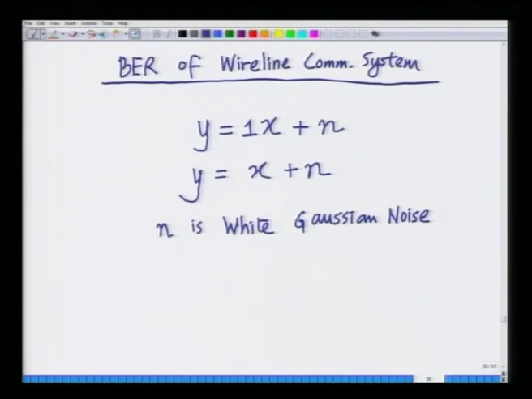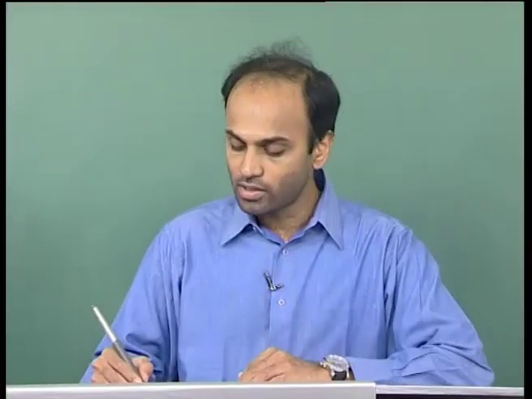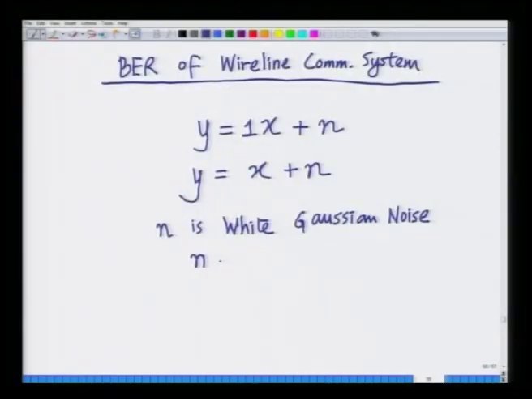I again urge you to revise your knowledge about white Gaussian noise by going back to lectures on communication engineering on NPTEL. n is white Gaussian noise, and more specifically let me characterize n as having a Gaussian distribution of mean 0 and variance sigma n squared, that is sigma n squared is the variance or the power of this noise.